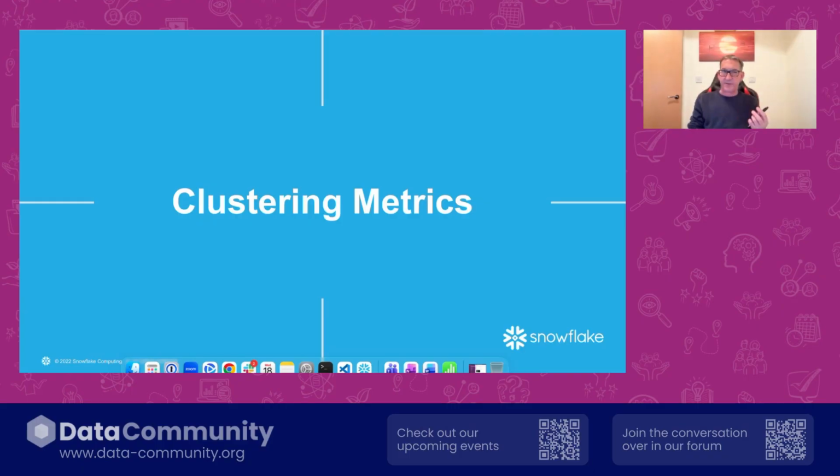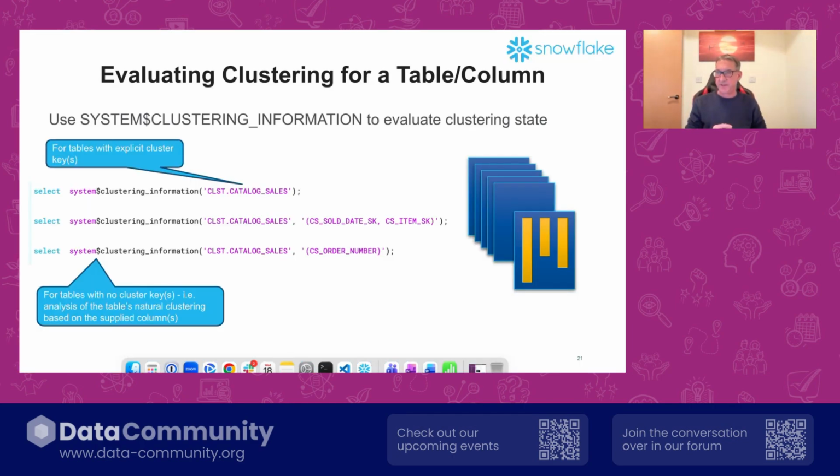In terms of the clustering metrics and how to identify whether a table is optimal in terms of its clustering and natural storage, what you can do is use the system clustering information function. You can do that at a table level, or you can do it by issuing specific predicates to say, well, how is it clustered based on date, or how is it clustered based on order number, or anything like that.